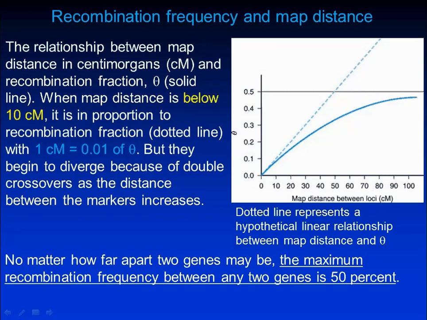Above 10 centimorgan, these two lines diverge. No matter how far apart two genes may be, the maximum recombination frequency between any two genes is 50%.